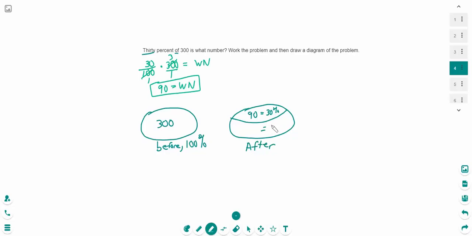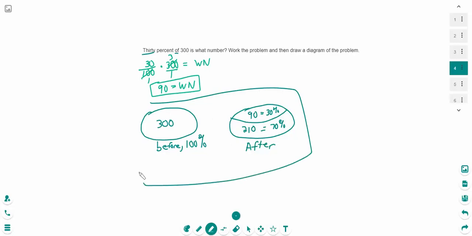So this is 30%. Down here, we're going to have a 70%, right? Because 30 plus 70 would equal 100. And then 90 plus something has to be 300. Well, that's an easy one. 90 plus 210 would have to be 300. That's the total. We're using everything. So that is our diagram. Just like that. Excellent.